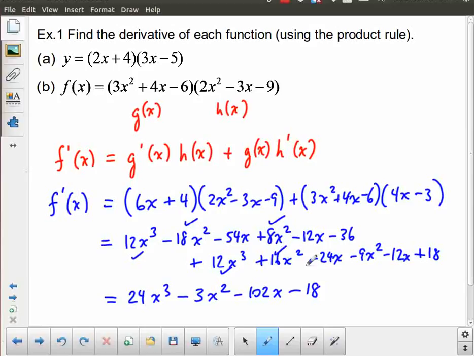Plus 6x squared minus 9x squared is minus 3x squared, which I have here. Negative 54x minus 12x is negative 66x, minus 24x gets me to minus 90x, minus another 12x is minus 102x, and then my constants, negative 36 plus 18 is equal to minus 18. So that looks good.